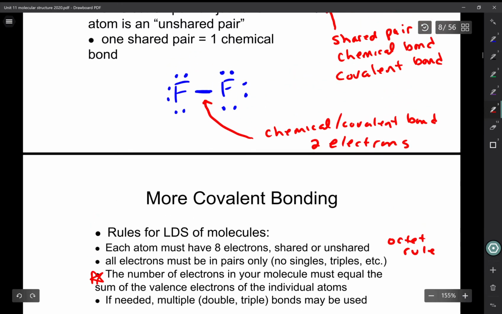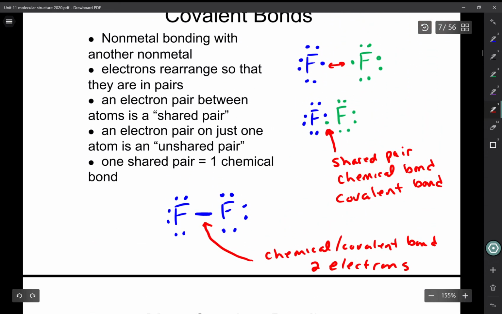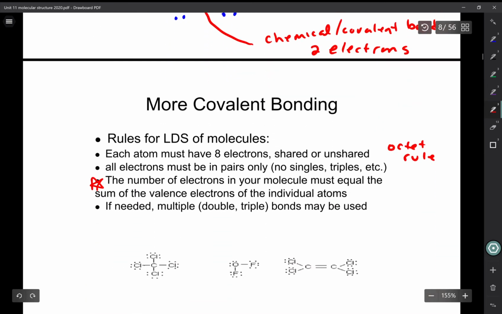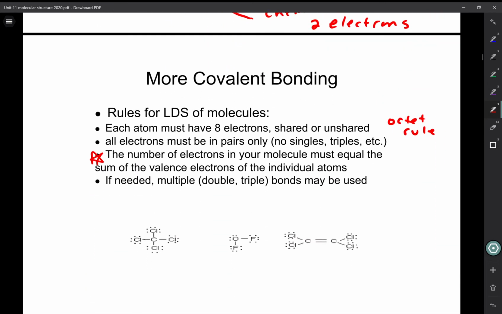So, quick example, if we go back up to fluorine, this fluorine had 7 electrons, this fluorine had 7 electrons, so together they have a total of 14. We didn't add or subtract any electrons to complete our octets, right? So you have to keep that same number of valence electrons. That's the key there.